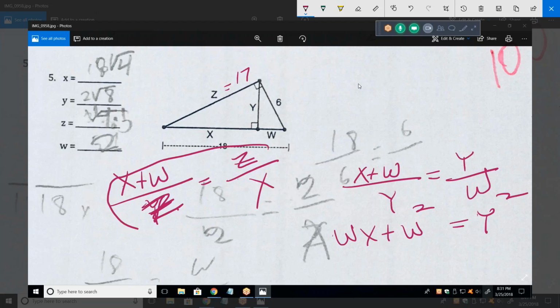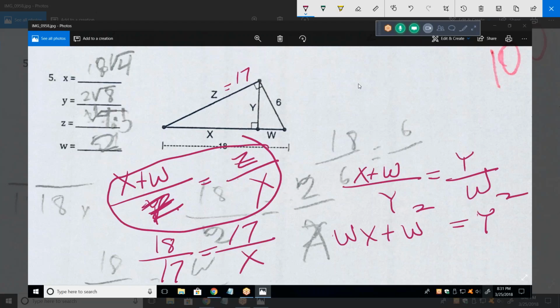So this might be our best equation to solve for stuff, because we know what z is, and we know what x plus w is. x plus w is 18, and z is 17. That means we can solve for x, right?